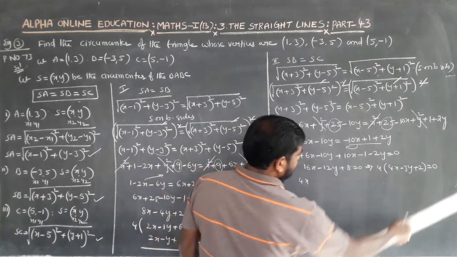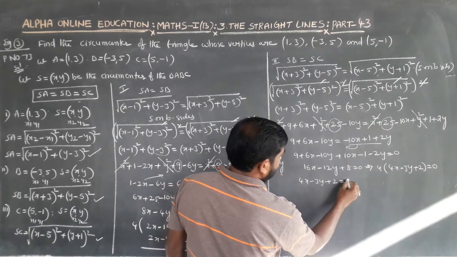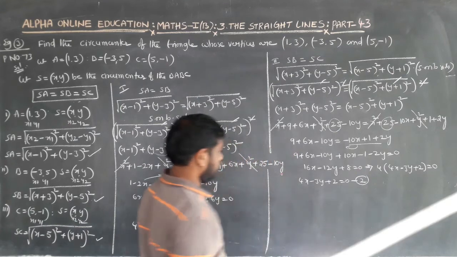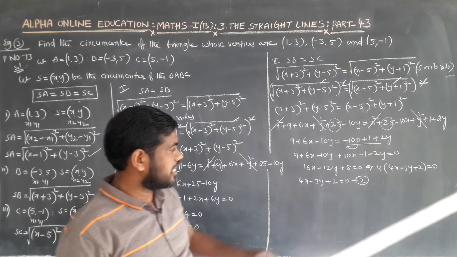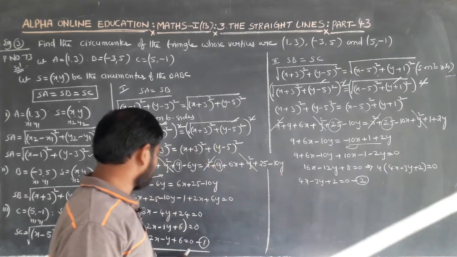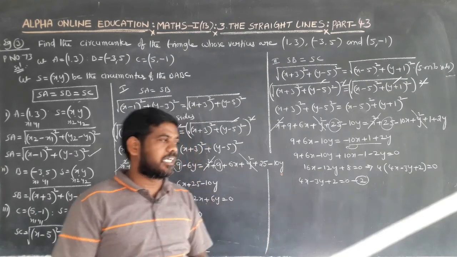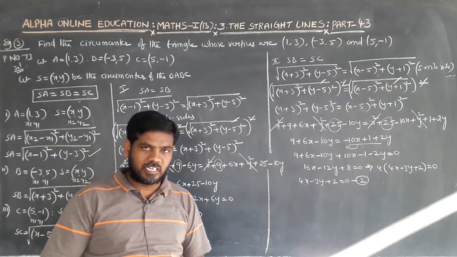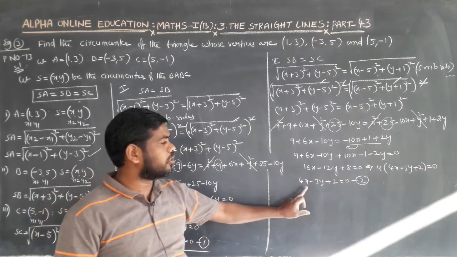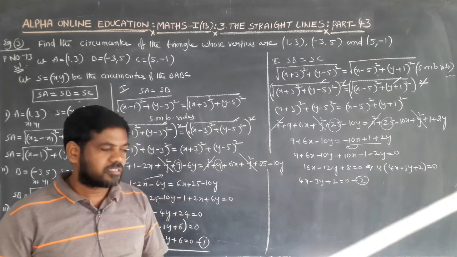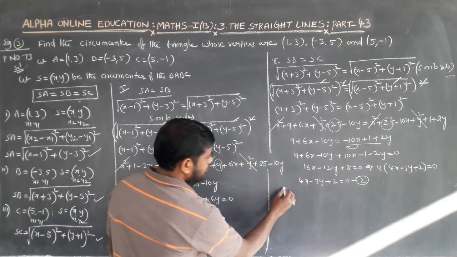So 0 by something is 0: 4x minus 3y plus 2 is equal to 0. This is the equation in x and y. Here the point of intersection of 1 and 2 is called the circumcenter of the triangle. So solve 1 and 2.